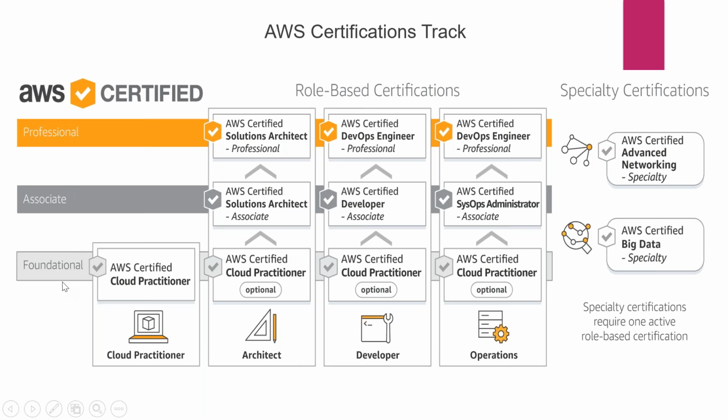Before associate and professional, there is a foundational certification. In the foundational certification, you have AWS Certified Cloud Practitioner, which is an optional certificate. It is not a requirement for any certificate. It's up to you whether you want to take the certification or not.